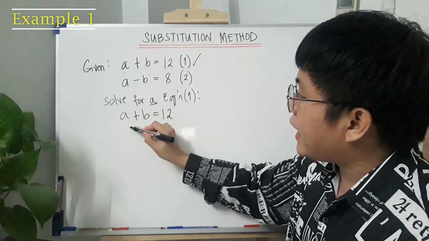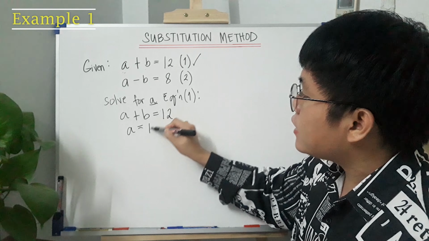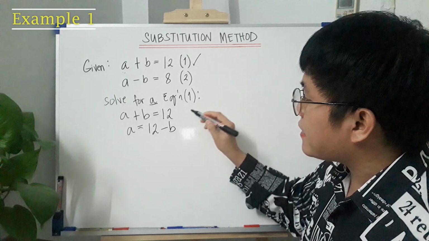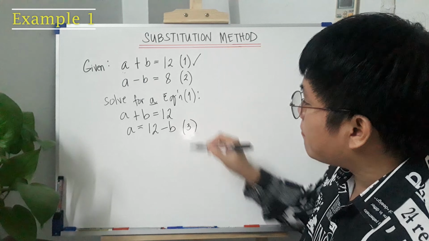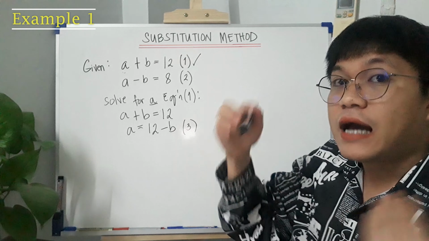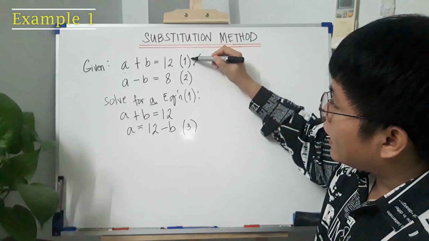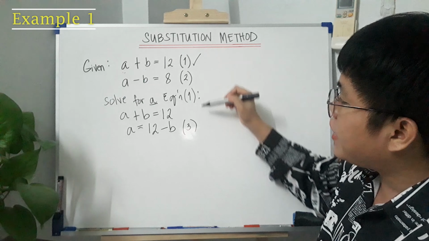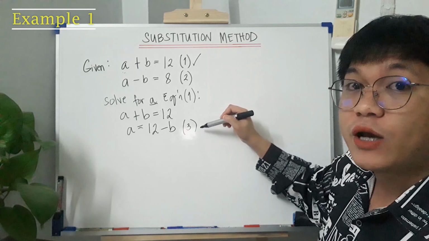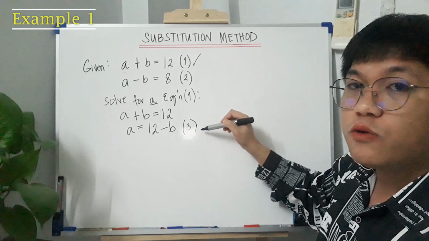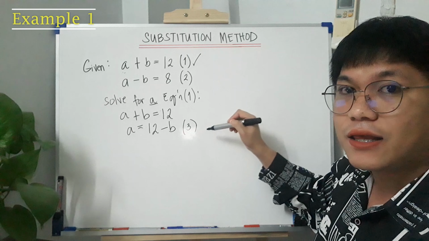And then solve for A, that is A equals 12 minus B. This is now our equation number 3. Now, as you can see, there are already 3 equations given. Equation number 1 and 2, the original equations, and we have here the derived equation from equation number 1, which is called our equation number 3.